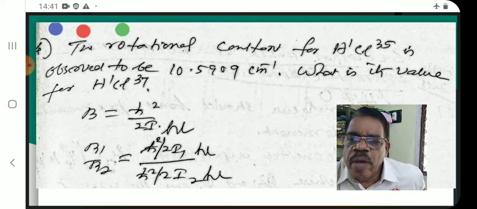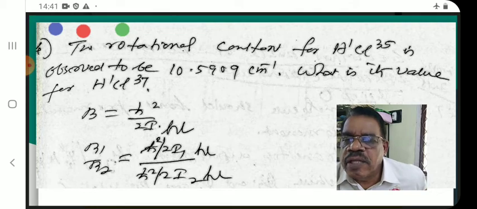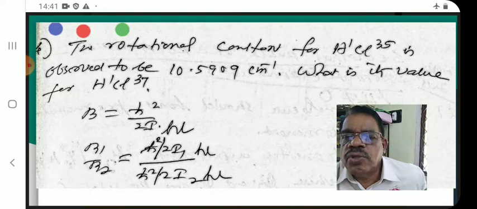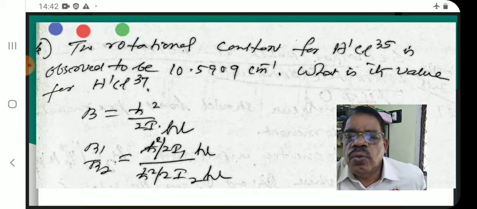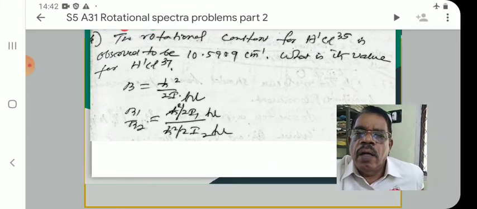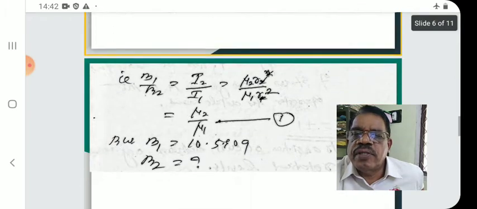Then we get B1 by B2, equal to h cut square by 2I1HC all by h cut square by 2I2HC. Some terms will cancel.